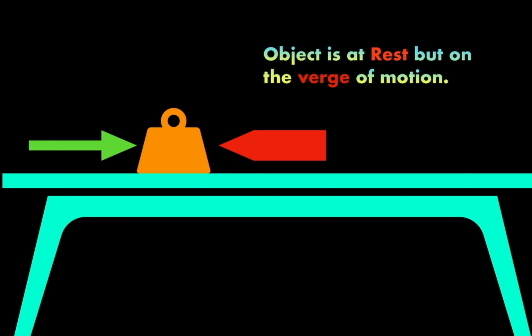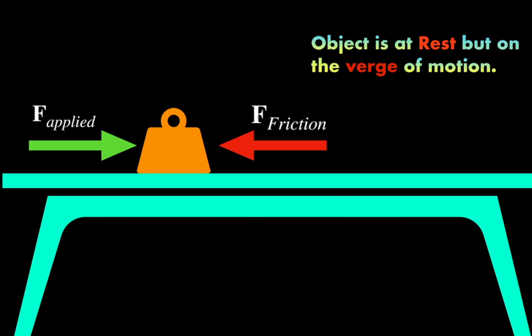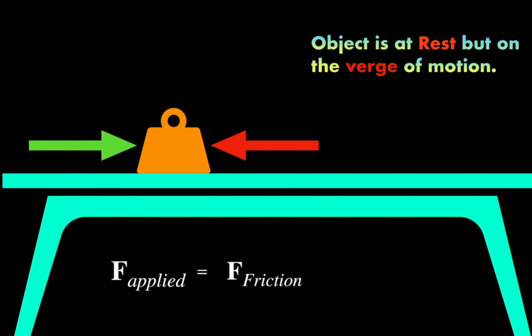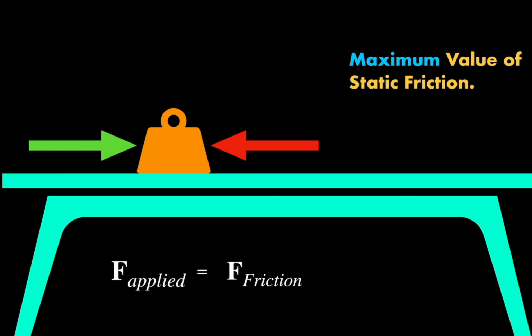The frictional force must have increased by the same amount to balance the increase in the applied force. We have the equation of balance, that is, the applied force is balanced by the frictional force. The magnitude of friction when the object is at the verge of slipping is the maximum value that the static friction can have. This is known as the maximum static friction.